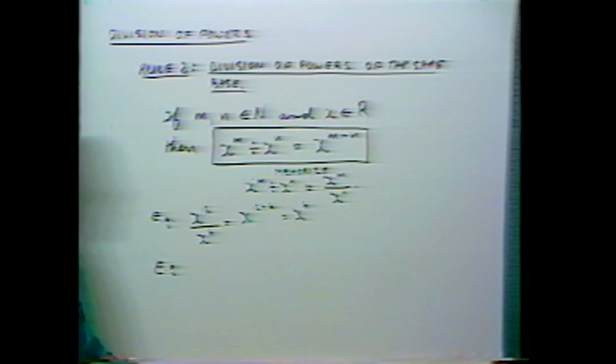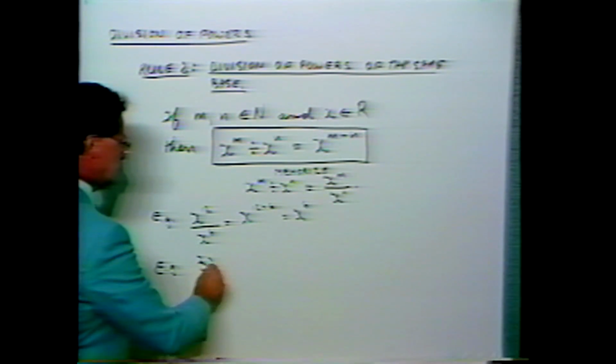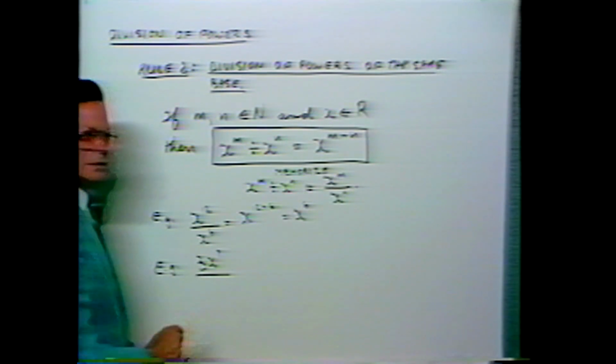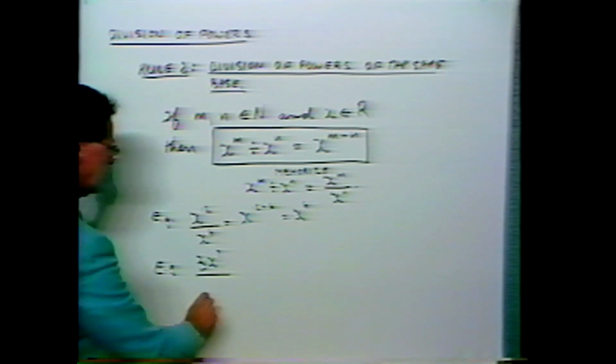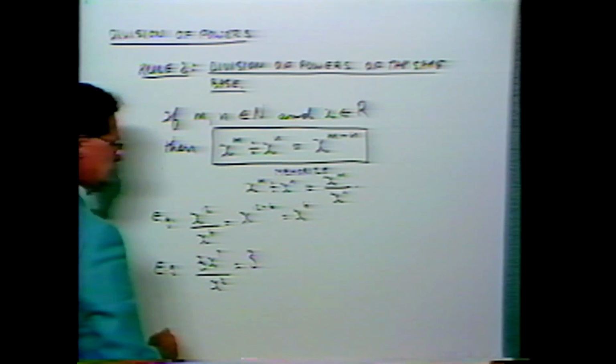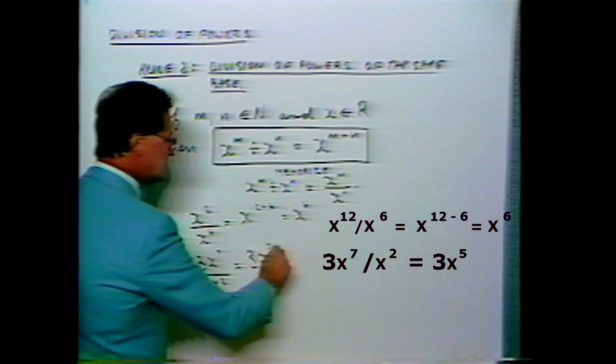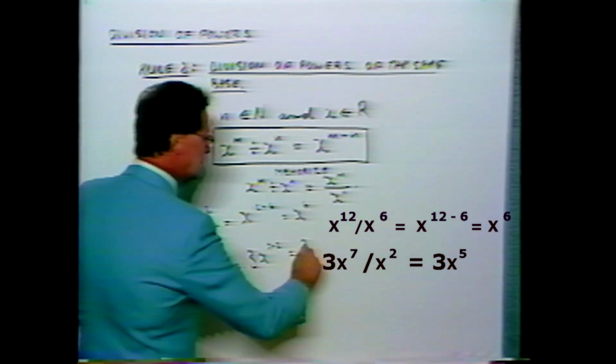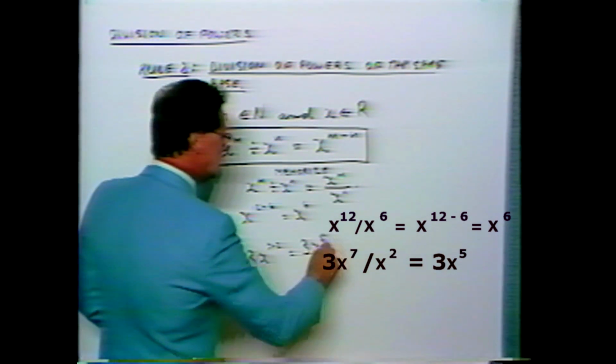Another example, 3x to the 7th divided by x squared is equal to 3x to the 7th subtract 2, which finally reduces to 3x to the 5th.